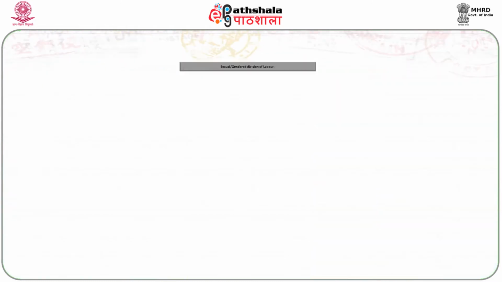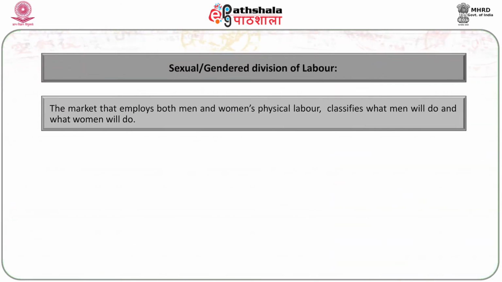So, one of the most important concepts of gender is a gender division of labor. So, a sexual gendered division of labor. The market that employs both men and women's physical labor classifies what men will do and what women will do.